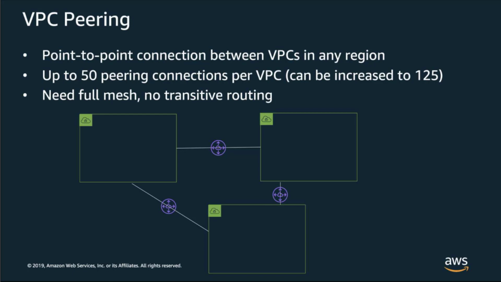At scale, this becomes pretty complicated. If you're talking 50, 100 VPCs that you want to connect together through peering, it just becomes increasingly difficult to manage. And with every new connection, you need to connect to every other VPC. So it just grows exponentially with the number of peering connections you need to have. So certainly a great solution, and customers are using it day in and day out, but it does have its practical scaling limits and a bit of a management overhead of deploying it at a large scale.